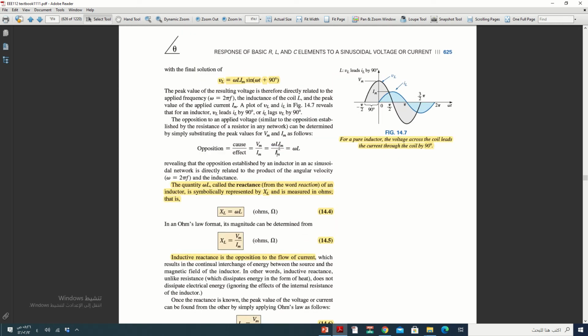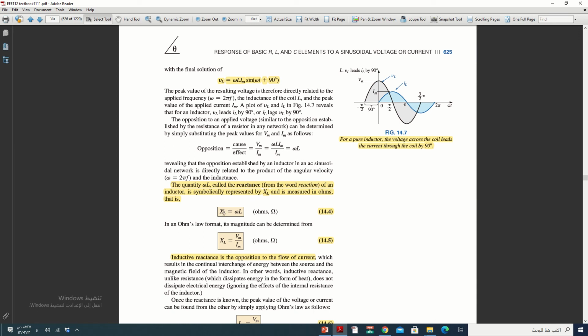Im cancels with Im, so what remains is omega L. This is the opposition of the inductor. The quantity omega L is called the reactance, from the word reaction, of an inductor, symbolically represented by XL. From now on we will say XL, and it is measured in ohms.